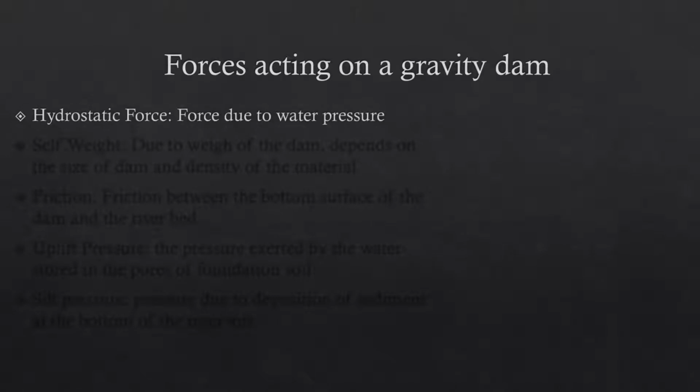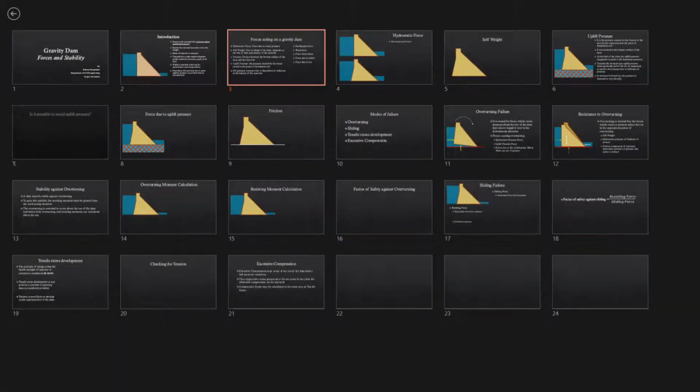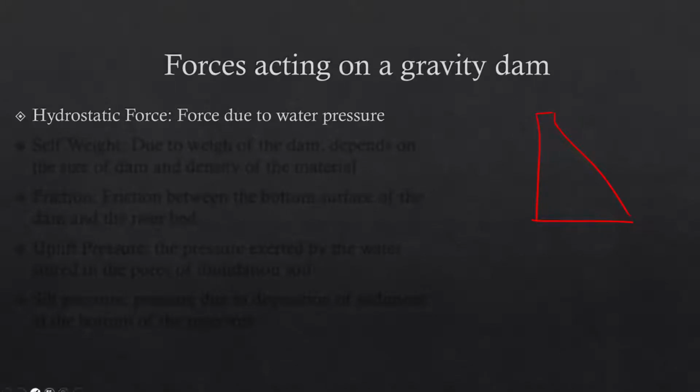So the first force is the hydrostatic force, that is force due to water, and if this is the dam, then on the upstream side we'll have the water in the reservoir, and this water will be exerting the hydrostatic pressure, which will be 0 at the top and maximum at the bottom, and in between it will vary linearly.